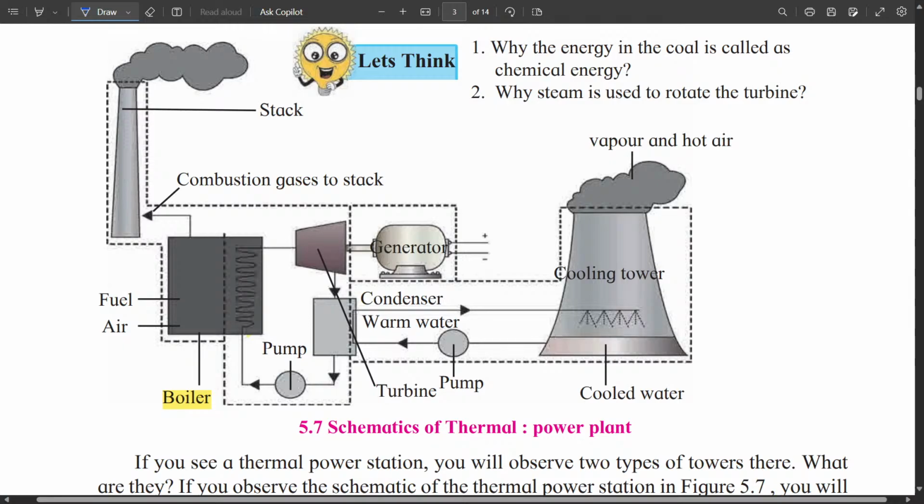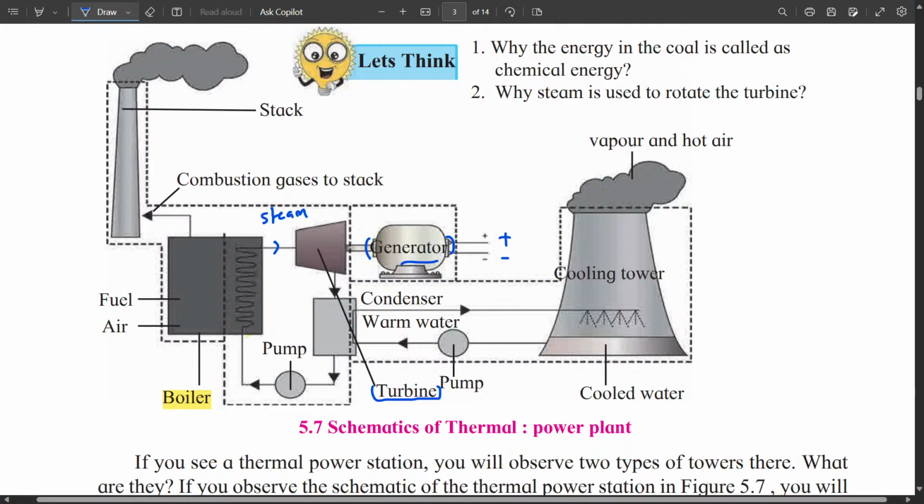Then we have this turbine. So the kinetic energy of the steam, so here steam flows onto the turbine. Kinetic energy of the steam is used to rotate the blades of the turbine, which ultimately rotate the generator, and then electric energy is produced in the generator.